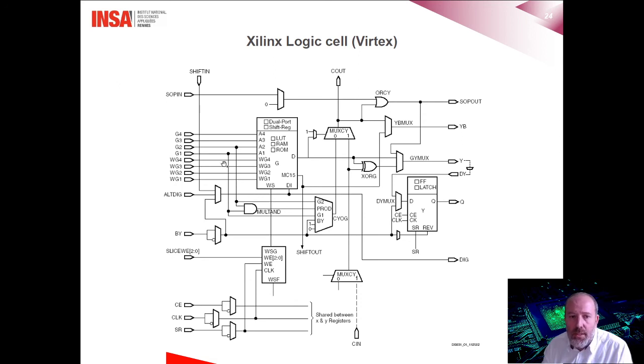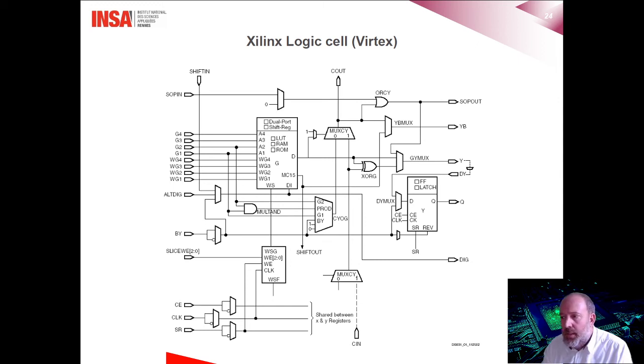We can also see that it has 4 inputs, A1, A2, A3, A4. There's also a flip-flop with its input D, its output Q, and additional control inputs such as clock enable, or reset inputs, synchronous or not. What we see in the middle are multiplexers or logic gates that ensure the data path through the logic cells.